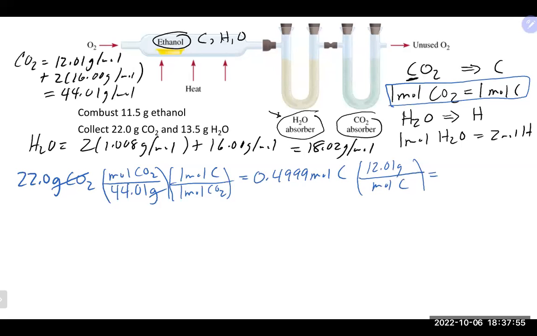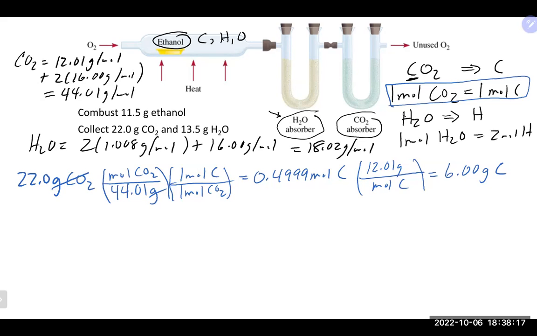And that gets me roughly 6.00 grams of carbon. So basically, from the CO2 collected, 6 grams of the 11.5 grams we started with was the carbon.